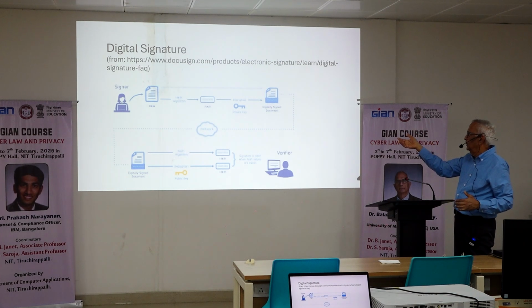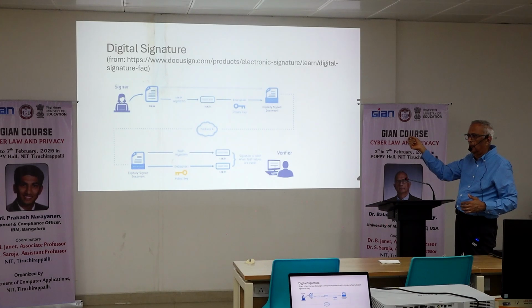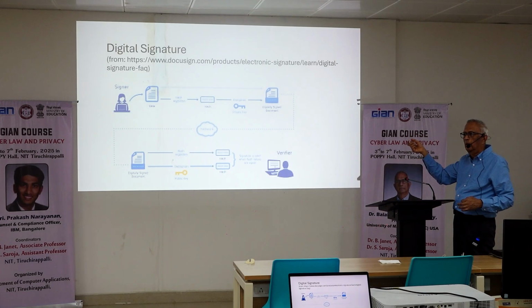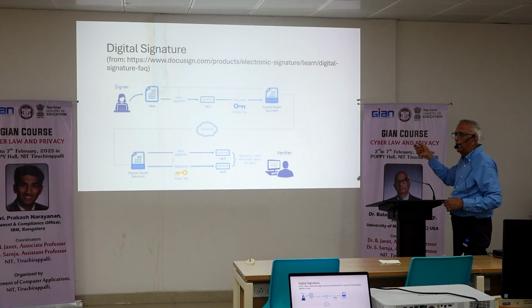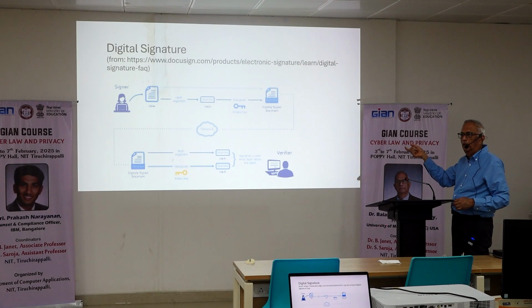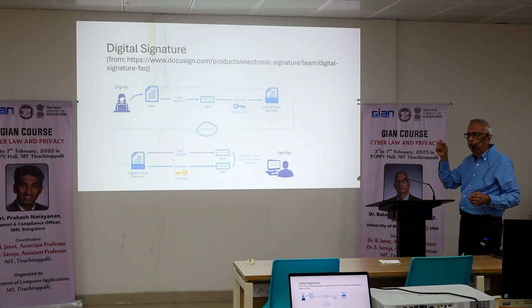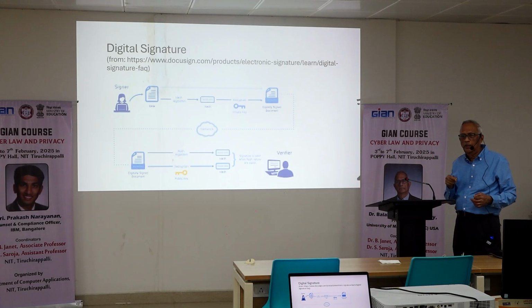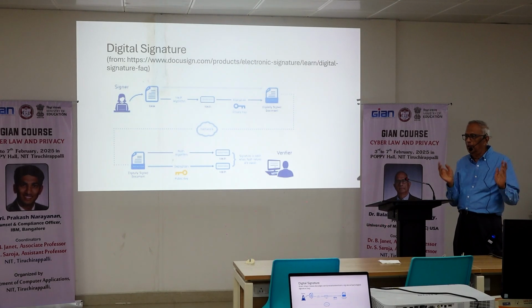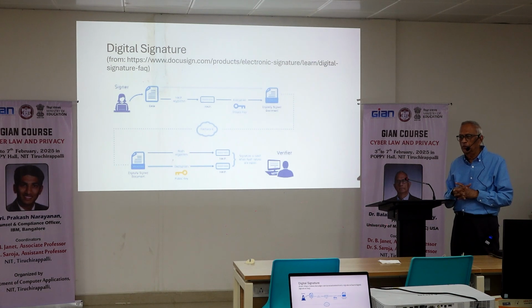You take the document and produce what you call a hash of that document. Then the hash of the document and the document you sign with what is known as a private key. Again, I don't want to go into a lot of detail of cryptography, but the kind of cryptography used is what is called public key cryptography.